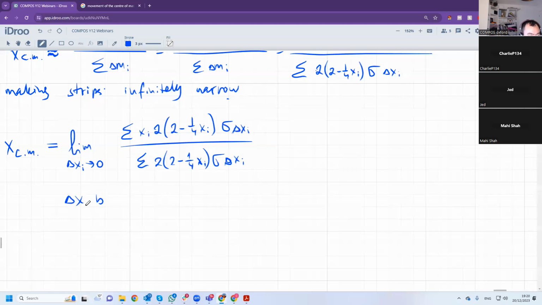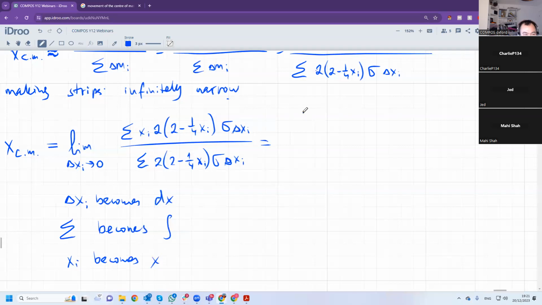Delta x becomes dx, and sigma becomes integral, and xi becomes x.